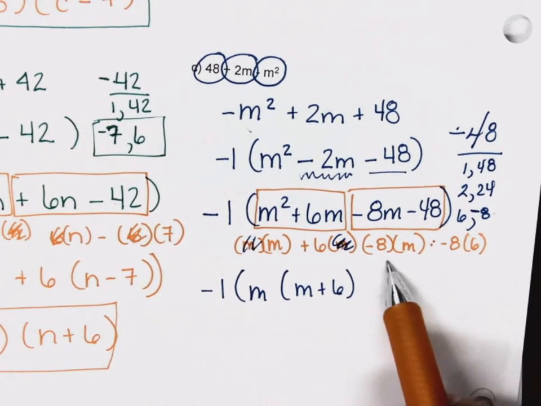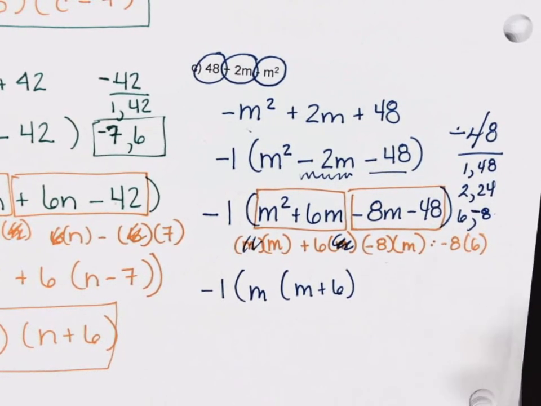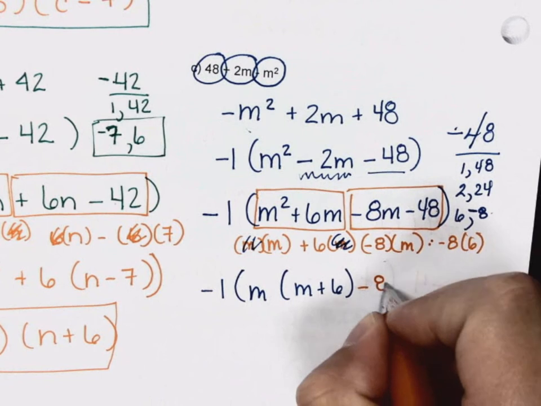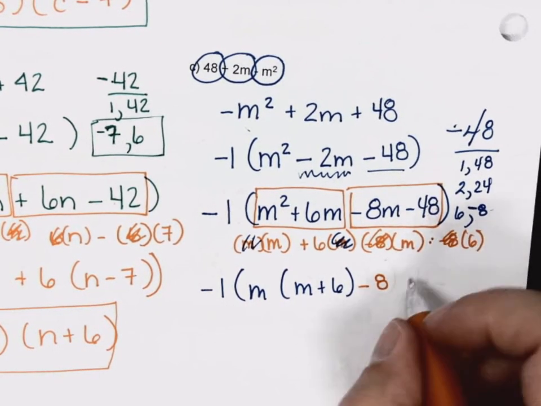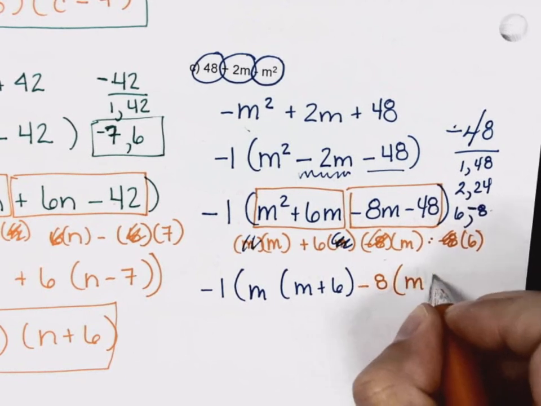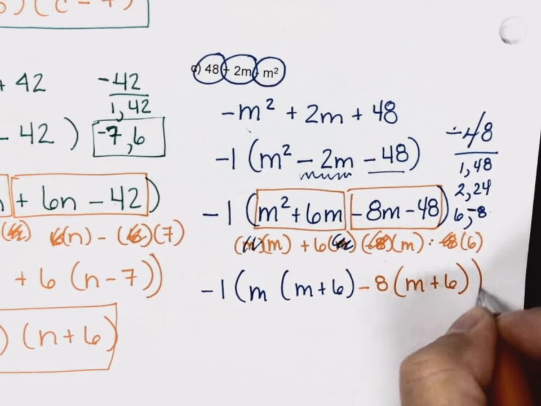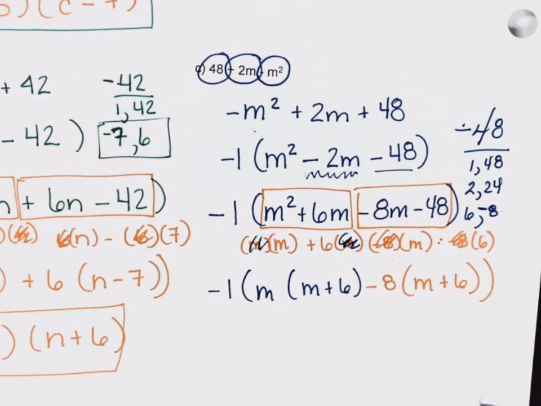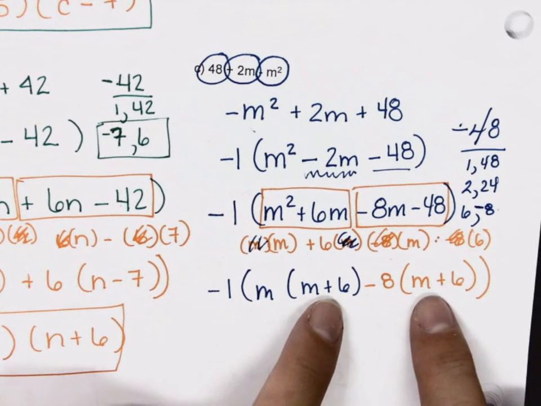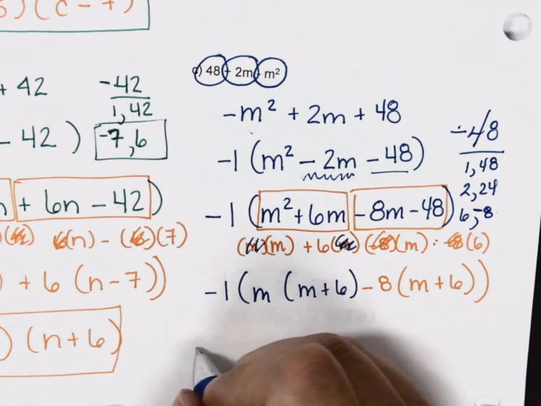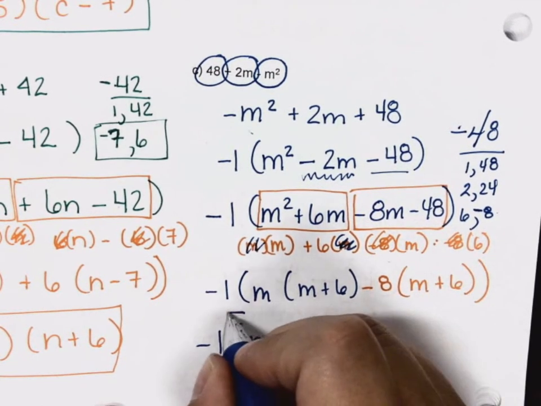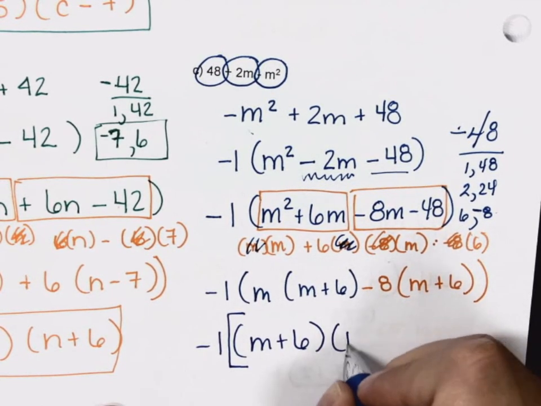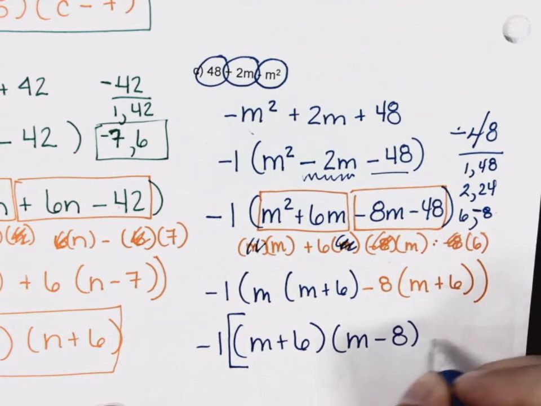So that's gone, and that's gone, and that's a positive 6, so what's left is m plus 6. Close my brackets. I know I did it right because those two are the exact same. So I'm going to have my m plus 6, and I'm going to have my m minus 8.